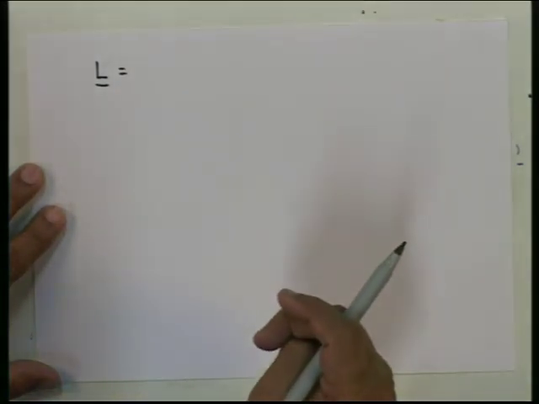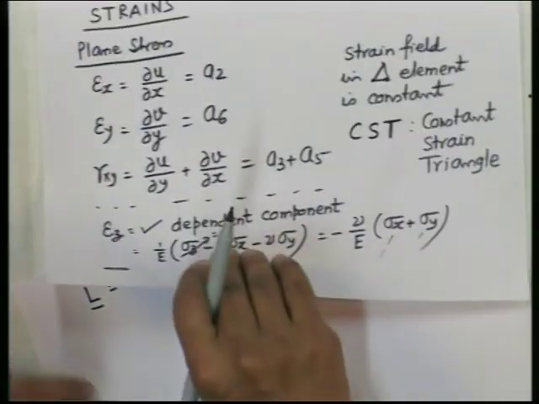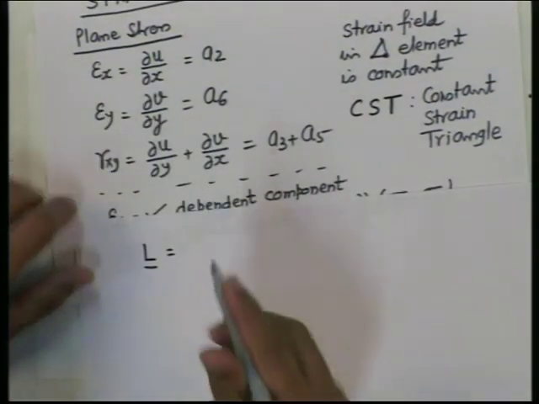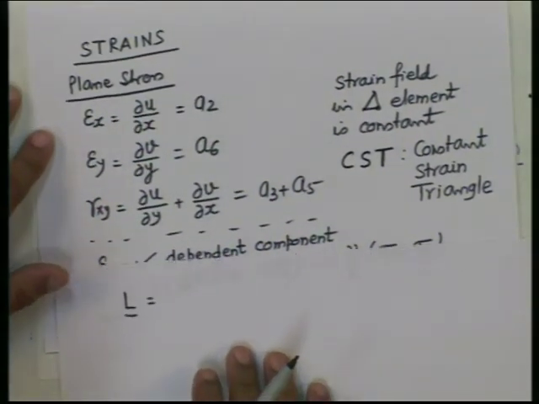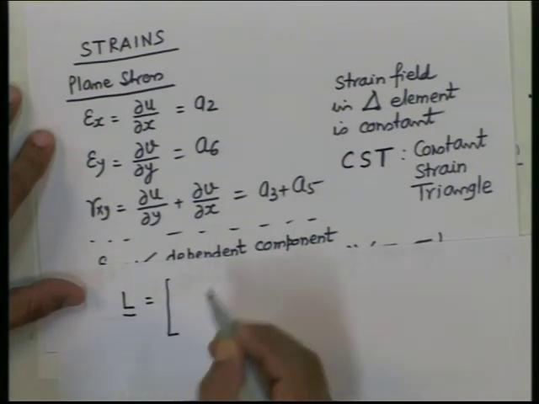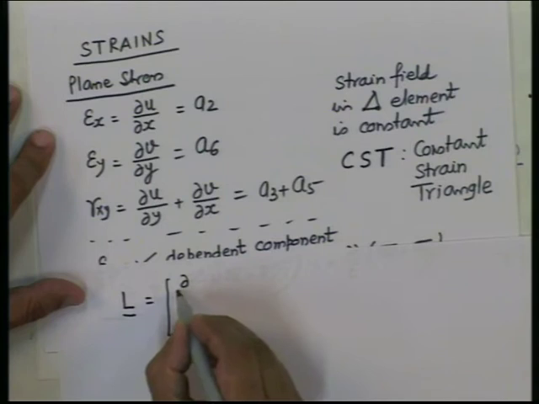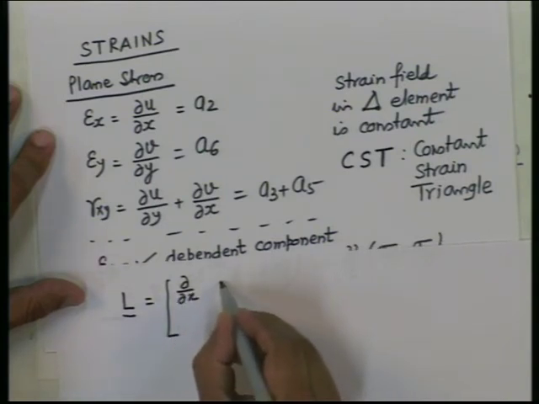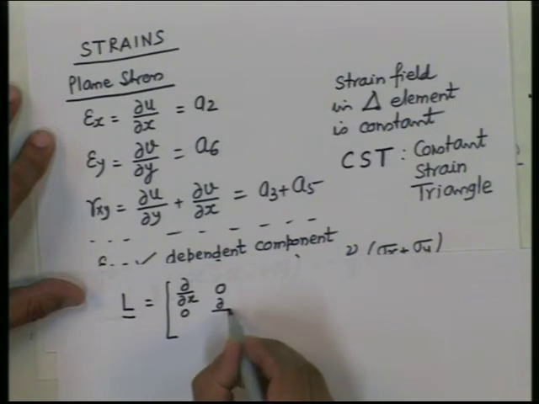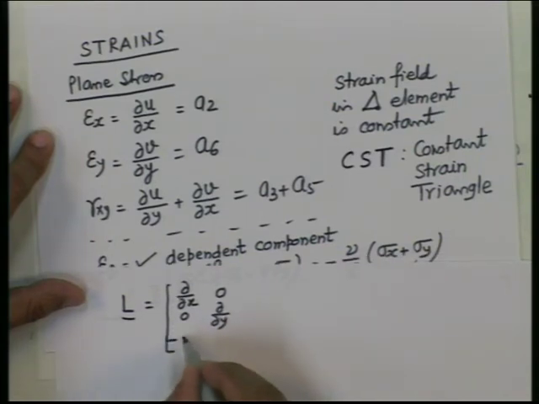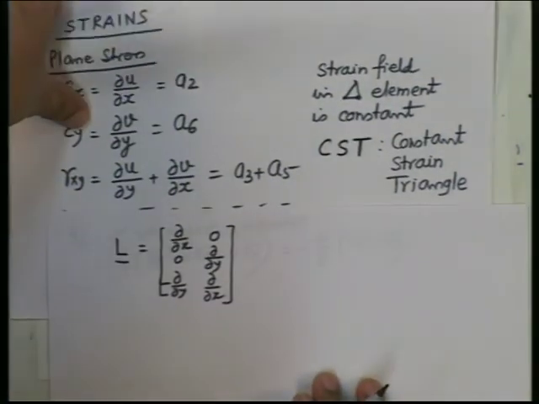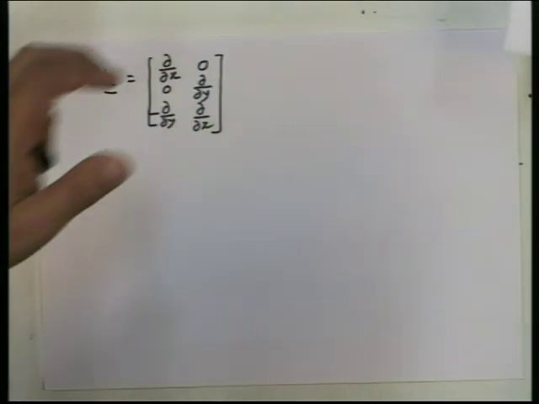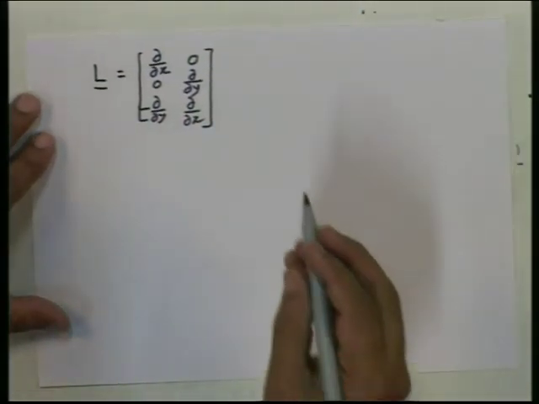The L came from the definition of du by dx, in terms of U and V. From these three relations, L will come in terms of U and V. So, this L is del upon del x, 0, del upon del y, and then here it is del by del y, del by del x. This is your L matrix.